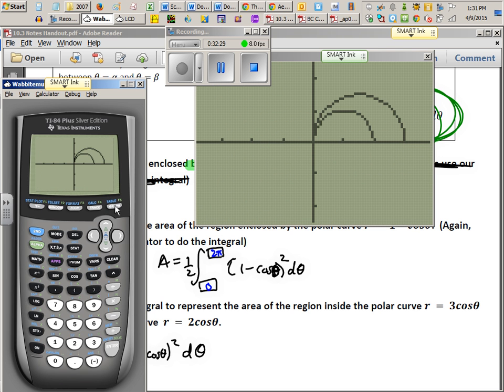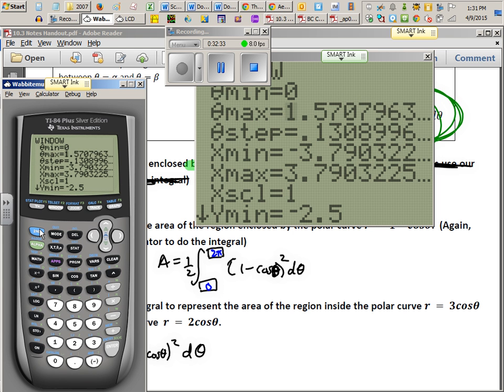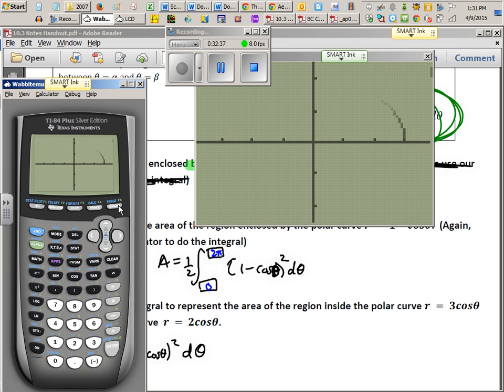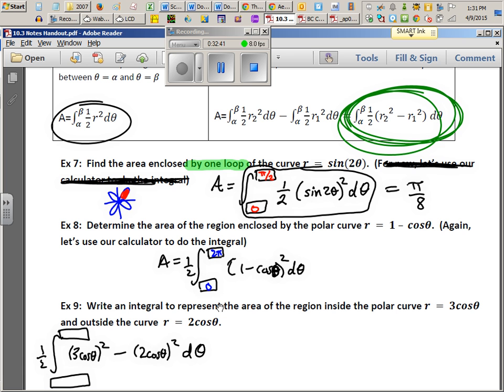No. 0 to pi over 2 did not give me a full graph. 0 to pi gave me the full graph. So what that means for our problem is that we're going to be using 0 to pi here. All right, glad we checked.